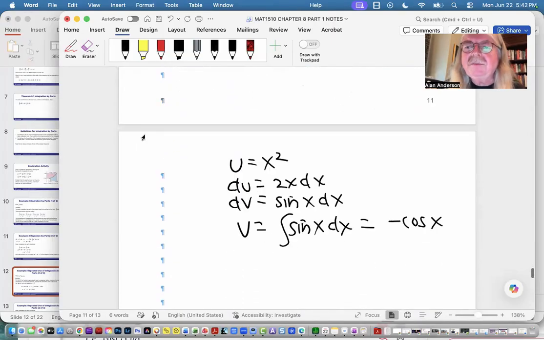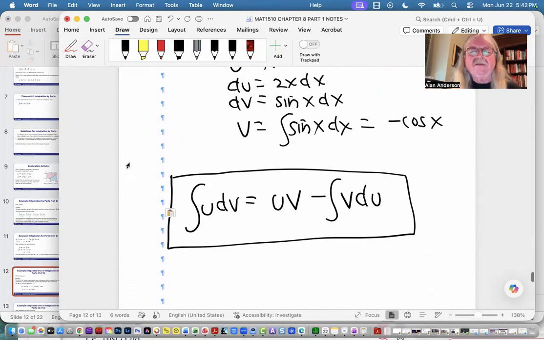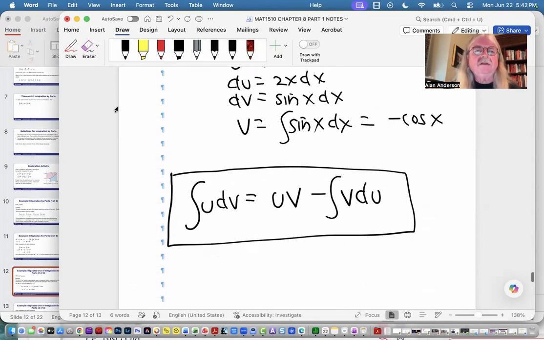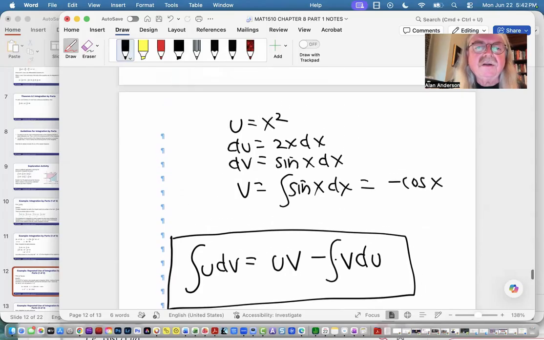After a while, you'll have this memorized, of course. So what does that give us? So you have x squared, integral of x squared sine x dx. Once again, u is x squared.